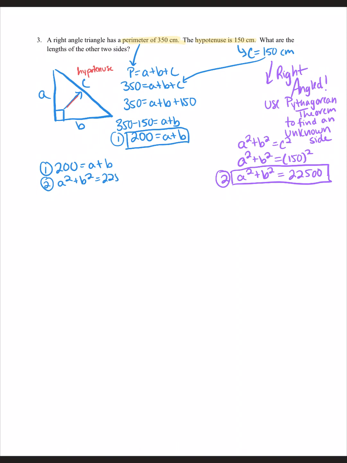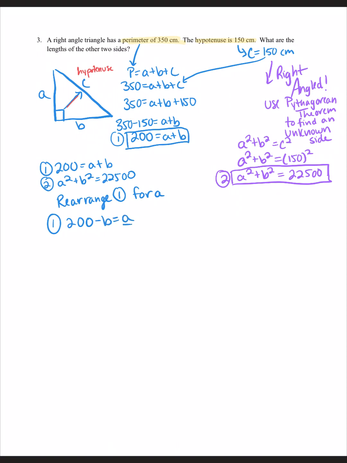So I'm going to rearrange equation 1 for A. So equation 1 will now be 200 minus B equals A.